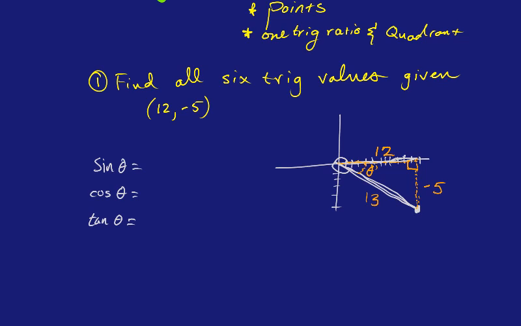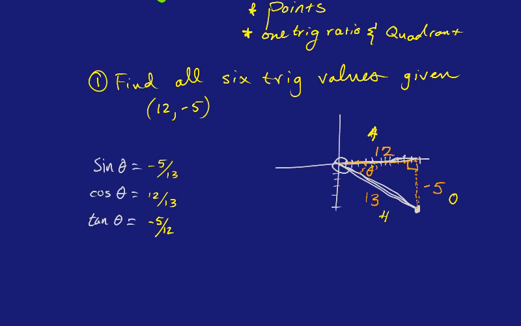My opposite is -5, my adjacent is 12, and my hypotenuse is 13. So the sine of theta would be -5 over 13, cosine would be 12 over 13, and tangent would be -5 over 12.